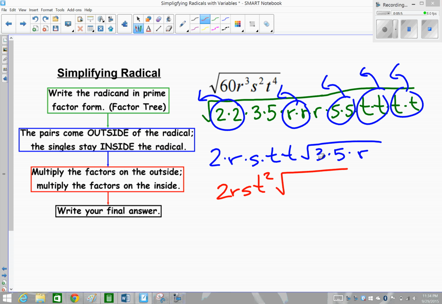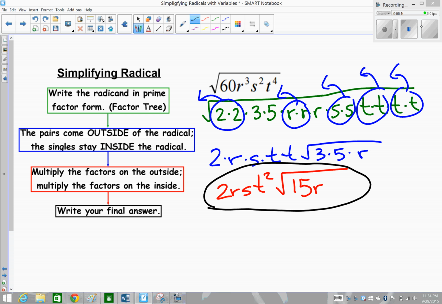And underneath the radical, 3 times 5 is 15r. So we have written our final answer. The square root of 60r cubed s squared t to the fourth is 2rst squared times the square root of 15r. We have simplified all of those radicals.